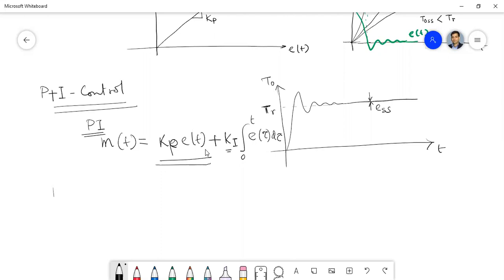To make the transient part of the response better, we have to use the derivative control. So this PID means proportional plus integral plus derivative control. All the controller actions will be added here.